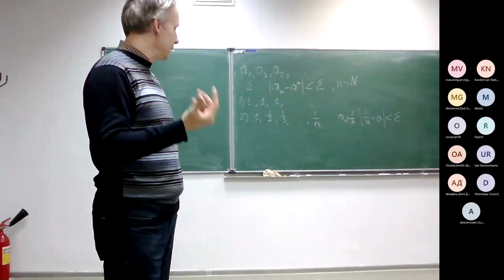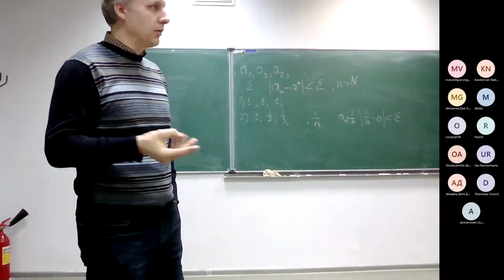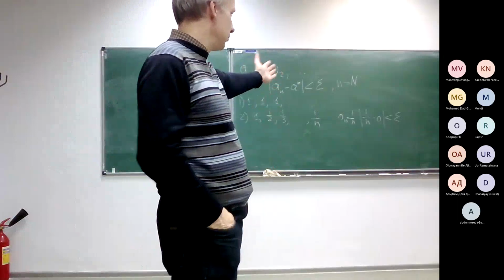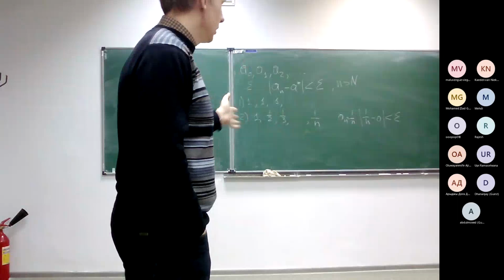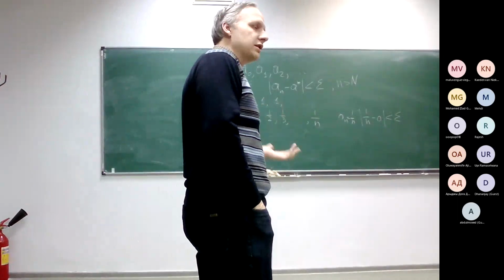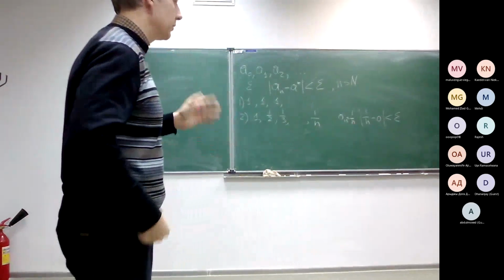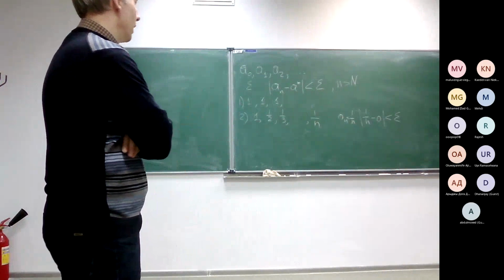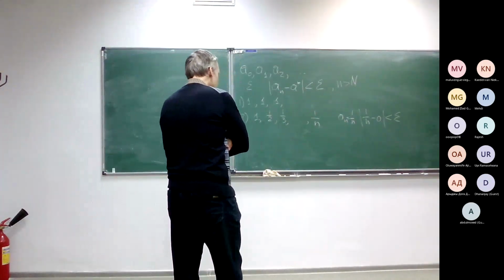I can take epsilon as, for example, 10 power minus 10, and this value will be smaller. I can take epsilon as 10 power minus 20, and this value can be smaller too, and so on.